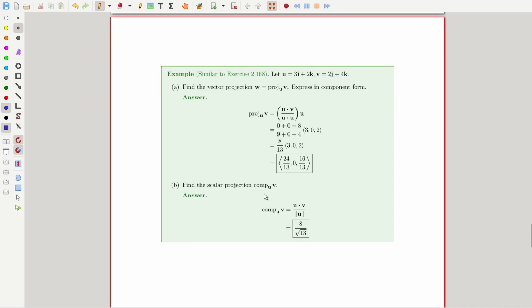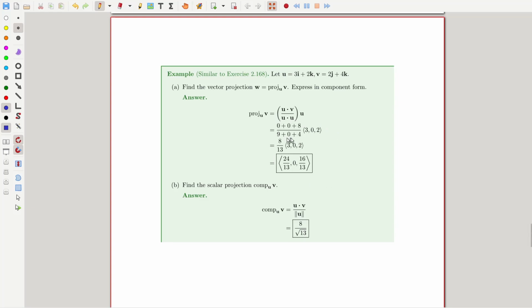In the next part, we have computing the scalar projection. So we use the other formula, u dot v over the magnitude of u. And this is quick for us to do because a lot of the computation was done in the previous part. So u dot v we computed before. It's actually just the numerator here, so it's just 8. And magnitude of u is actually the square root of the denominator, since u dot u is magnitude of u squared.